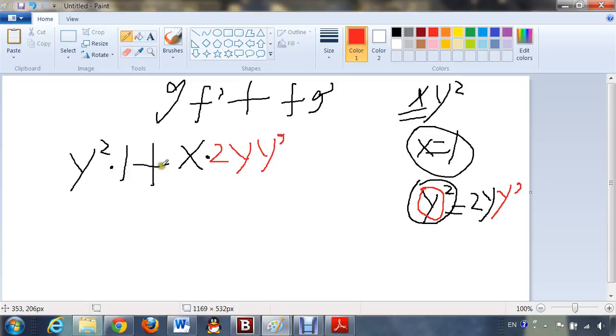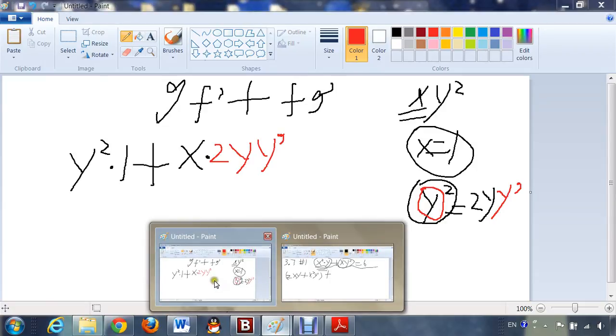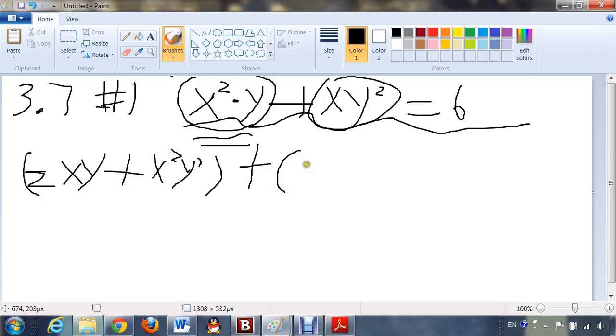Alright, so now we will write that back into the equation from the other page, which is y squared plus 2xy y prime. Okay, you add another part here, I just forget, but I know this one is plus 2xy y prime.